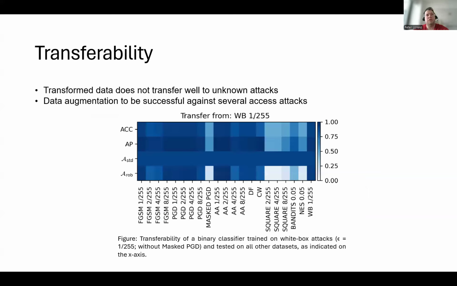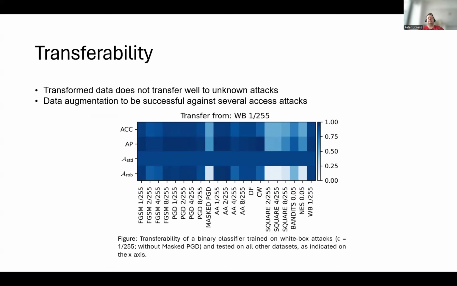So, to the question of transferability: the transformed data, so the attack data, does not transfer well to unknown attacks. This is our conclusion. In our experiment, we trained a binary classifier augmenting with white box attacks using the smallest epsilon size and also the DeepFool and Carlini and Wagner attack.